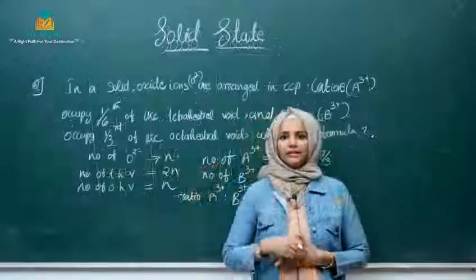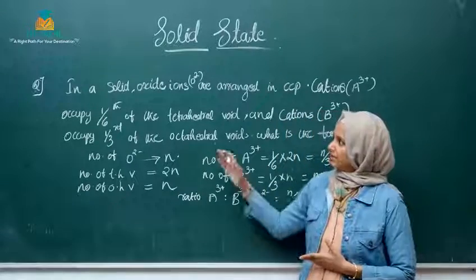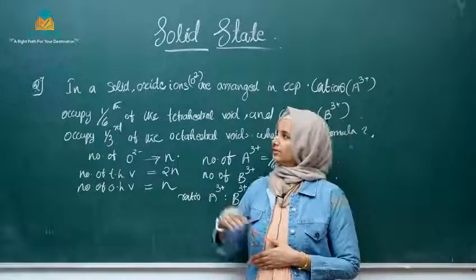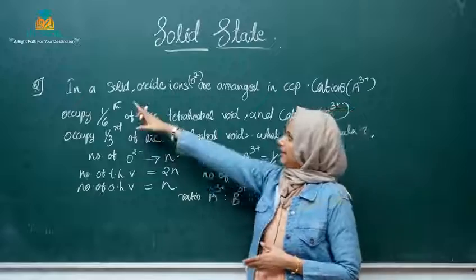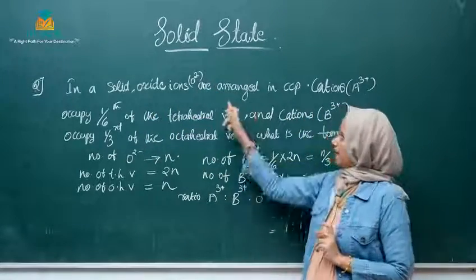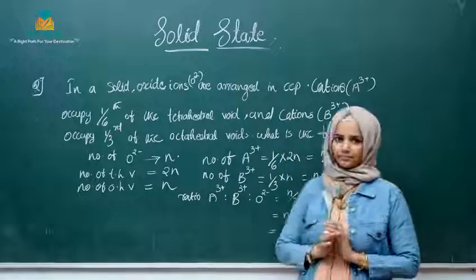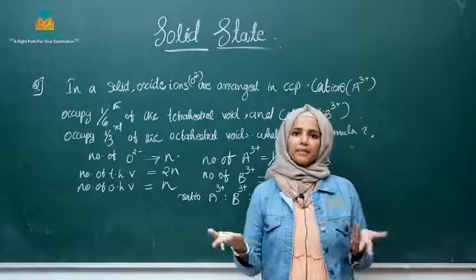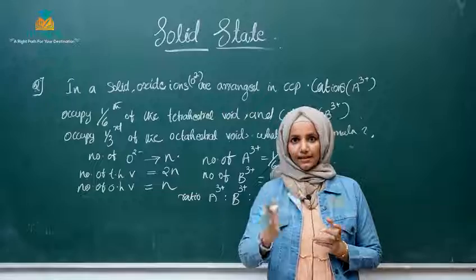Okay. Similarly, we will work out one more problem. You simply look at the question. In a solid, oxide ions, O2-, are arranged in a CCP. CCP means the unit cell is FCC.